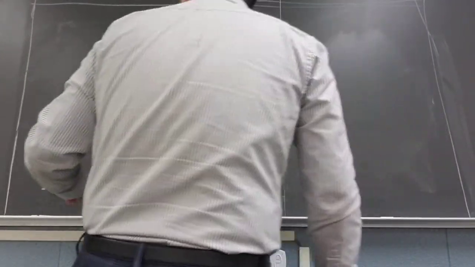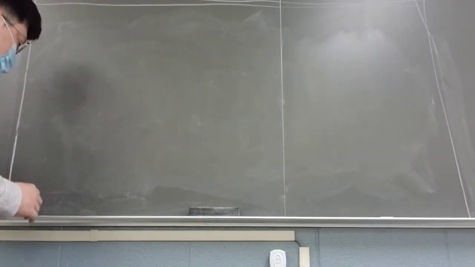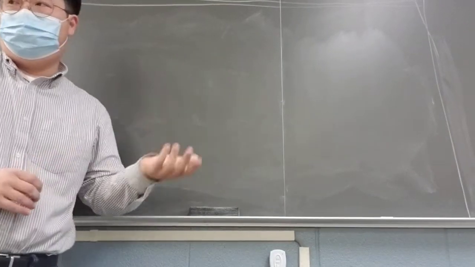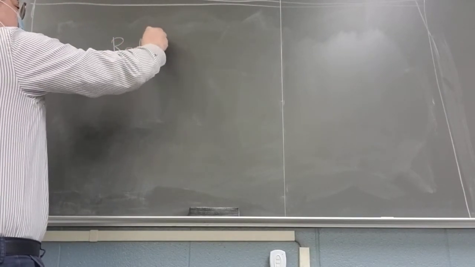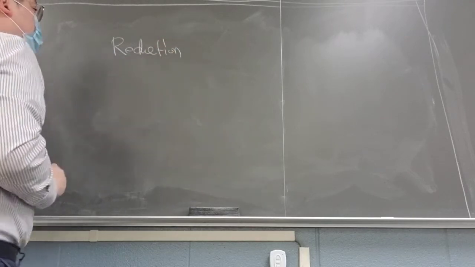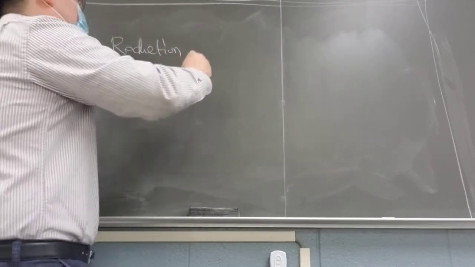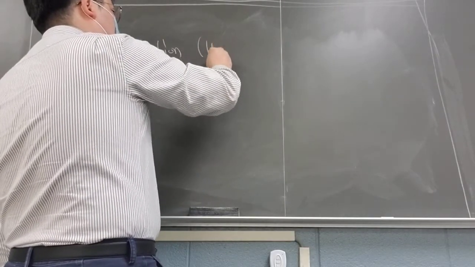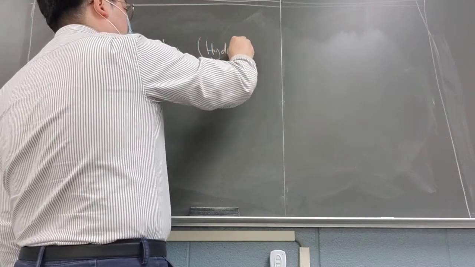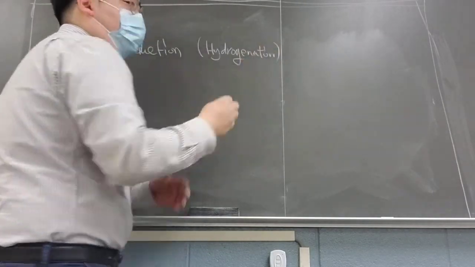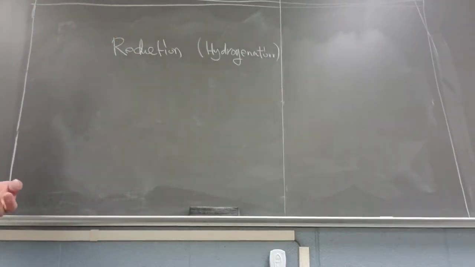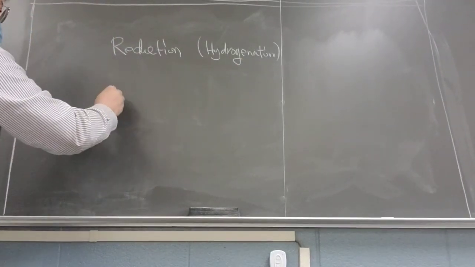Okay. So this hydration is what we call more like an oxidation. But now we can do some reduction. One of the best ways to do the reduction is what we call hydrogenation, simply meaning you try to saturate your carbon with hydrogen.